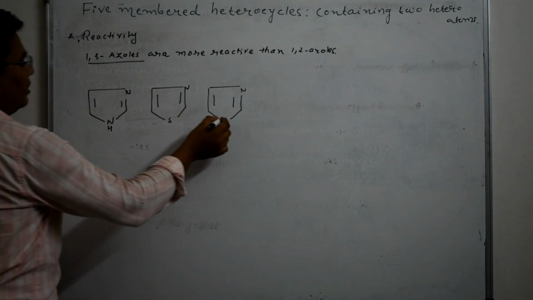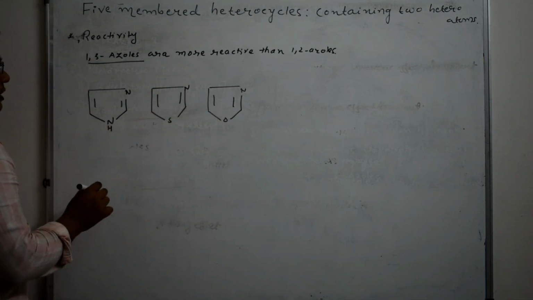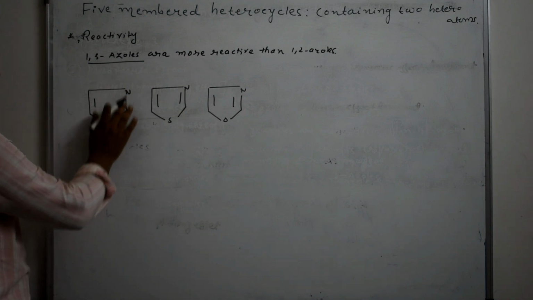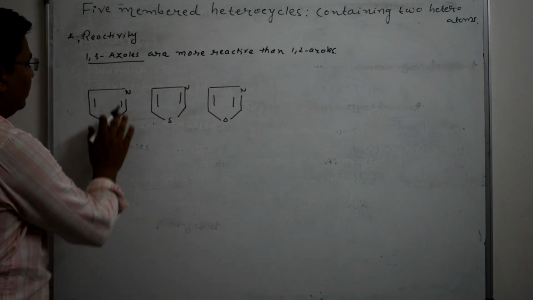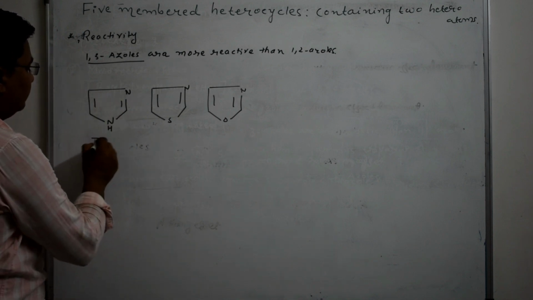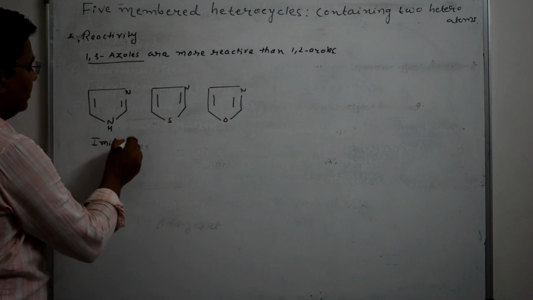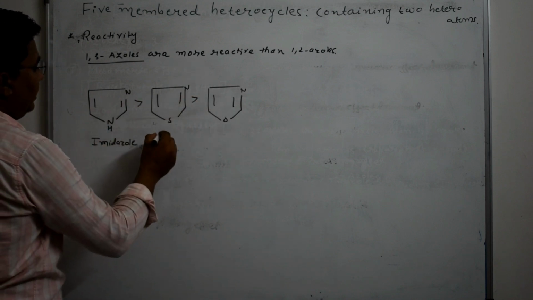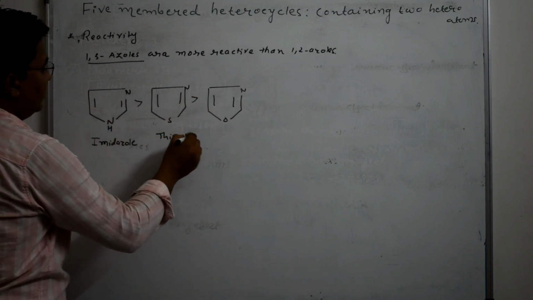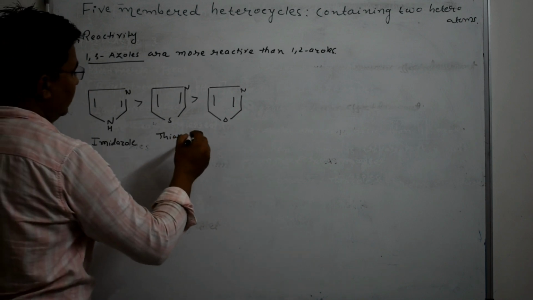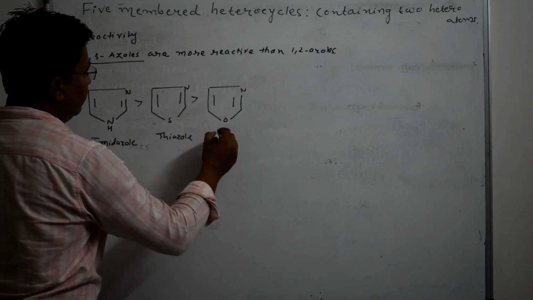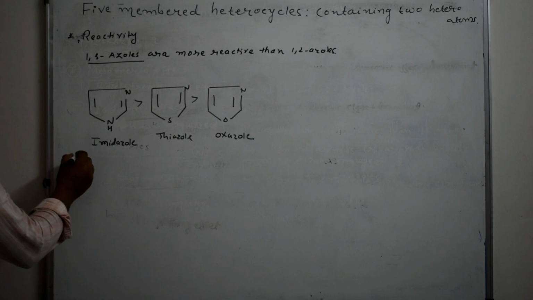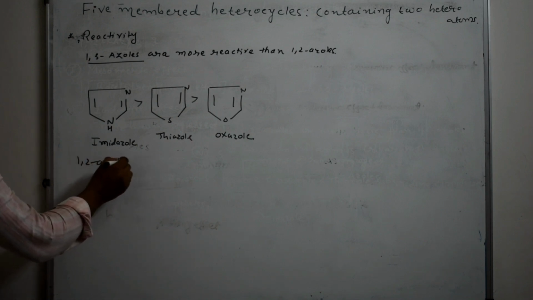Here the inductive effect will be maximum as compared to these three rings, so the maximum electron cloud will be in the imidazole ring. So imidazole will be more reactive as compared to the other rings. Your reactivity order goes like this: imidazole is more reactive than thiazole, and thiazole is more reactive than oxazole. In the case of 1,2 azoles, the order will be like this only.